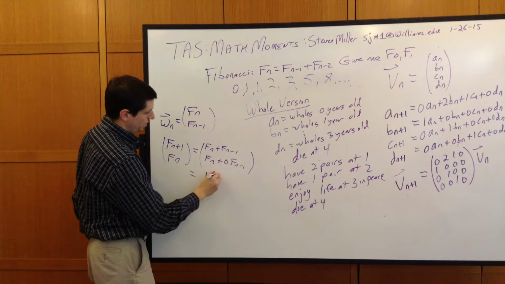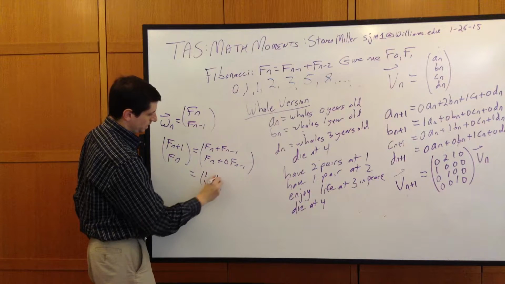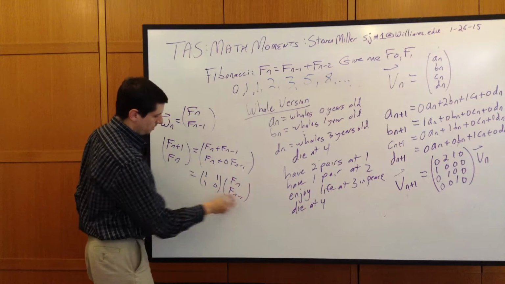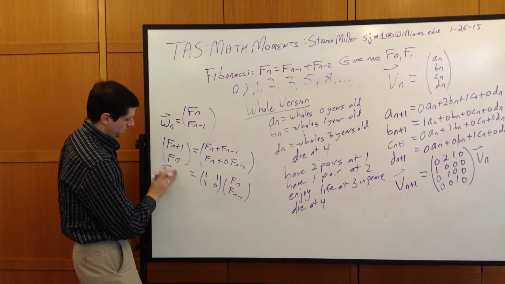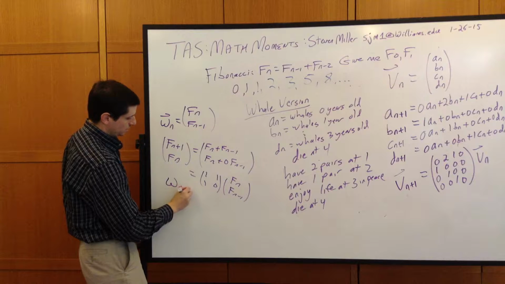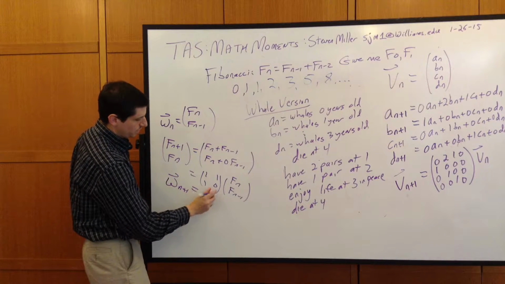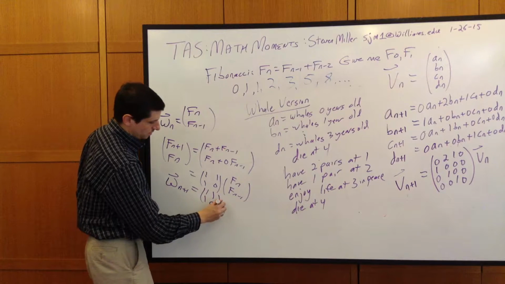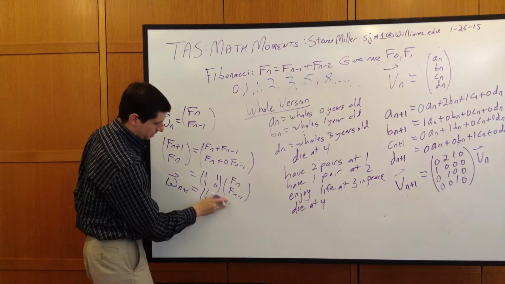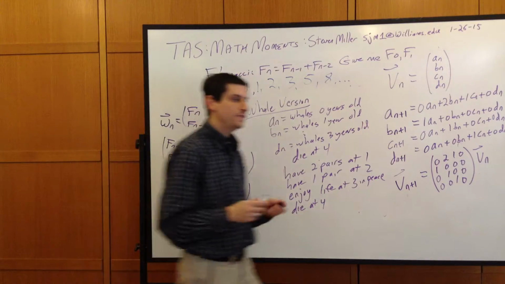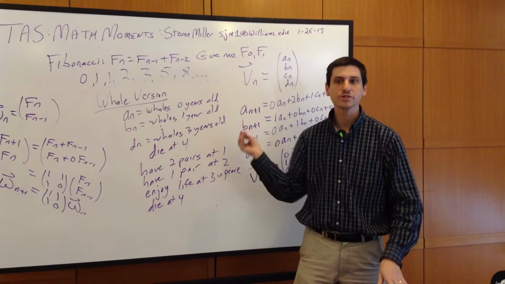So this would be the matrix 1, 1, 1, 0, acting on the vector (fn, fn minus 1). And so this would give us the vector wn plus 1 is this matrix 1, 1, 1, 0, acting on wn. So I can write down the Fibonacci numbers by using a matrix equation.